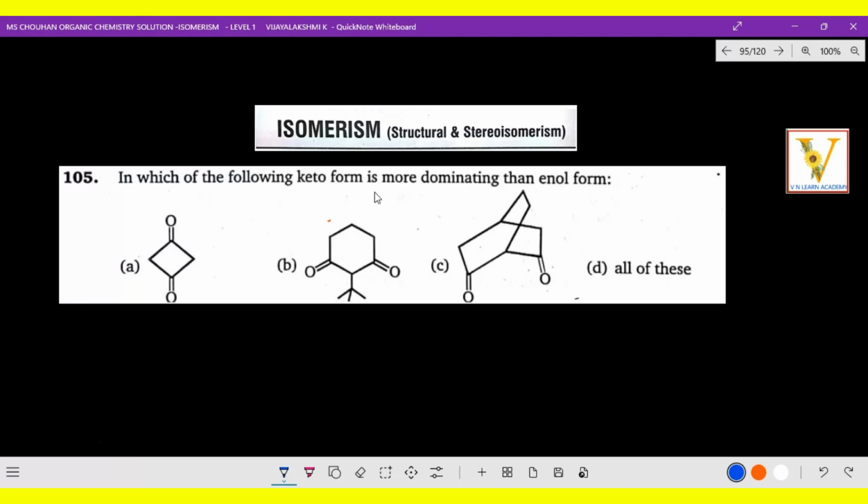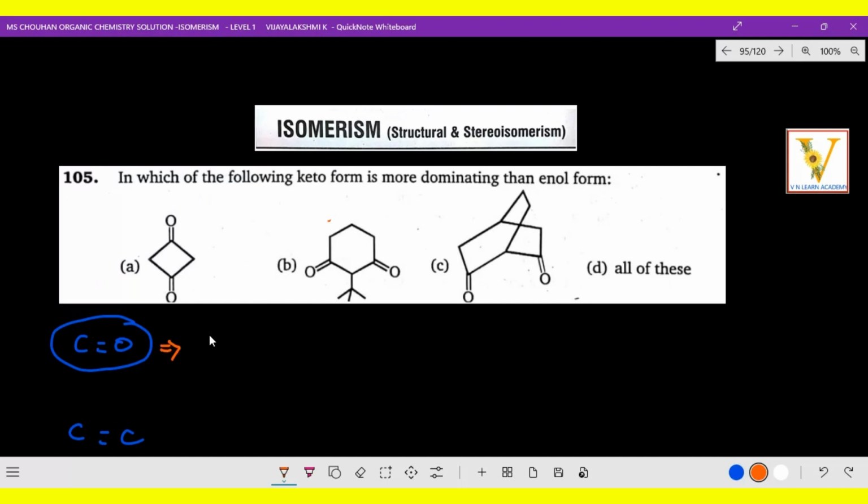Keto form is more dominating than enol form. You know, why do we say keto group is stronger than enol form? C double bond O and C double bond C. See here, C double bond O, it's the keto group, it's stronger. So what points can we mention?